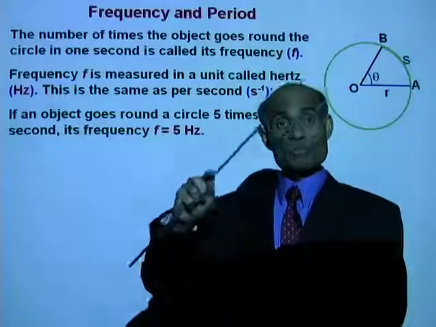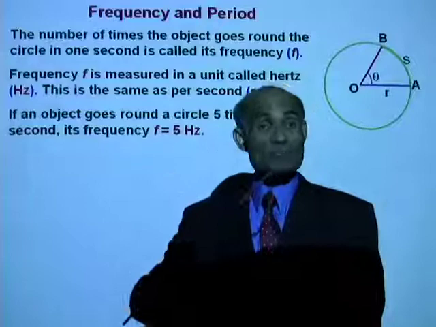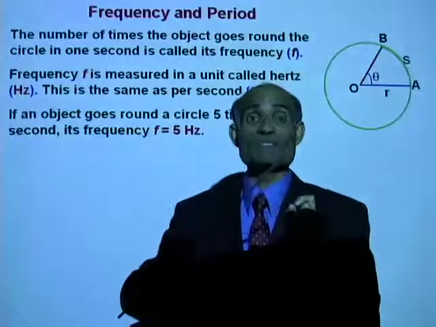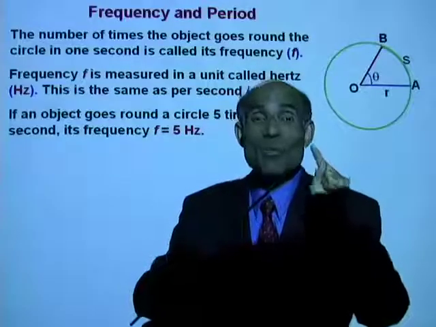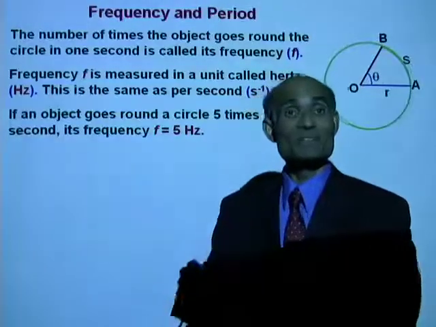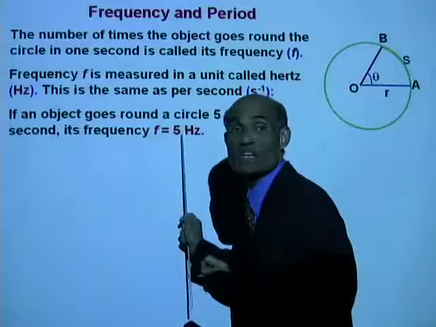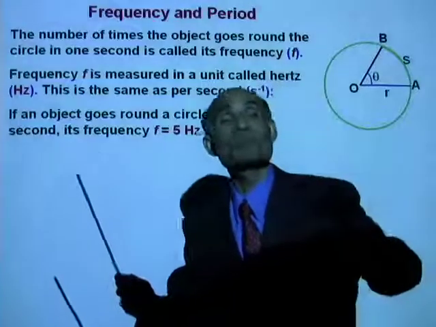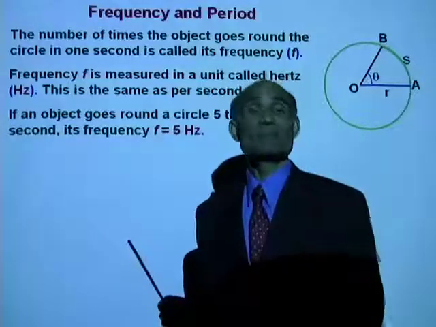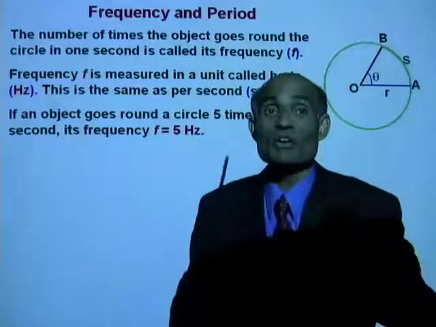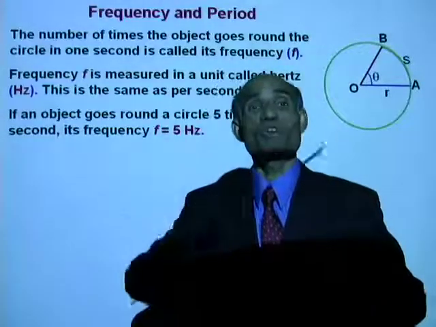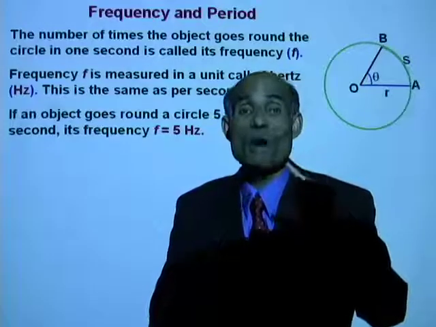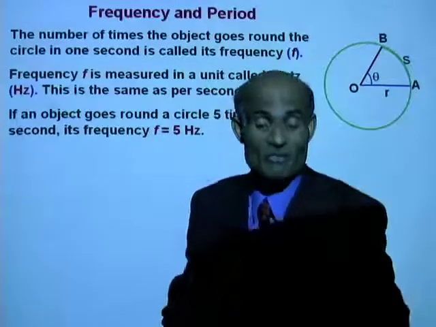If an object goes round a circle 5 times in 1 second, what is the time taken to go round once? It will be 1/5 of a second. So if the frequency is 5 Hertz, then the period is 1/5 of a second. If the frequency is 10 Hertz, the time taken to go round once will be 1/10 of a second.